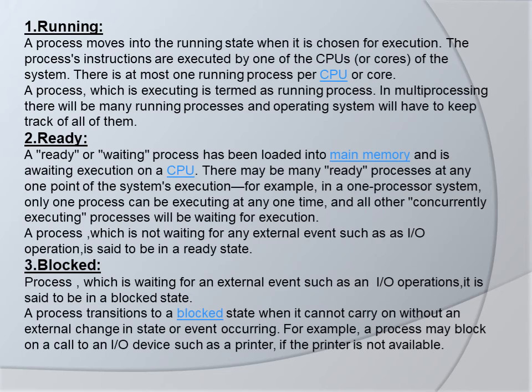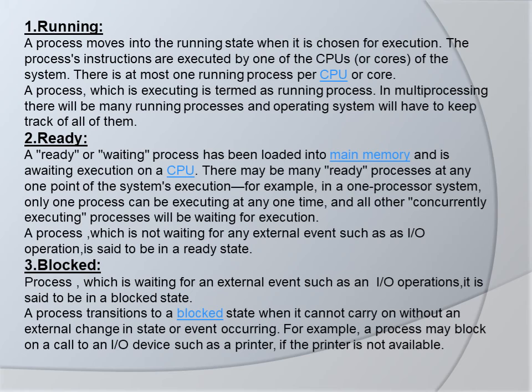Second, ready. A ready or waiting process has been loaded into main memory and is awaiting execution on a CPU. When the process is in the ready or waiting state, it has all the resources required for execution and is in main memory. It waits there, ready to execute, until it gets control of the CPU.